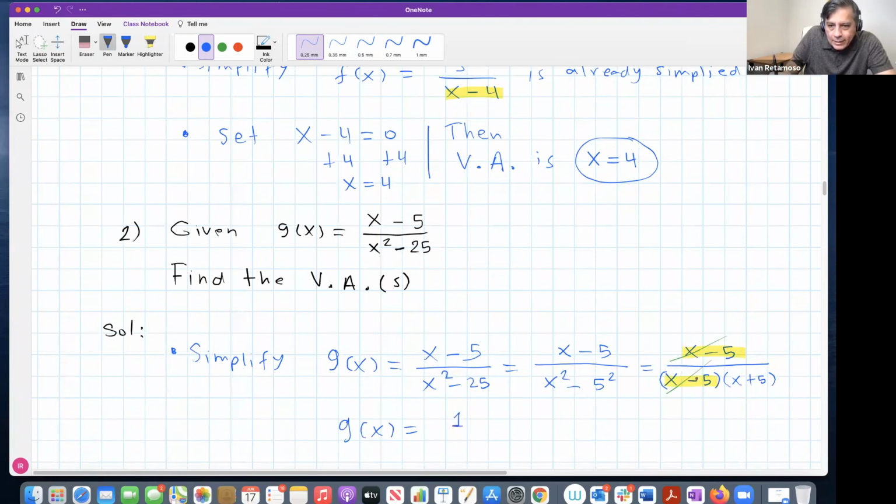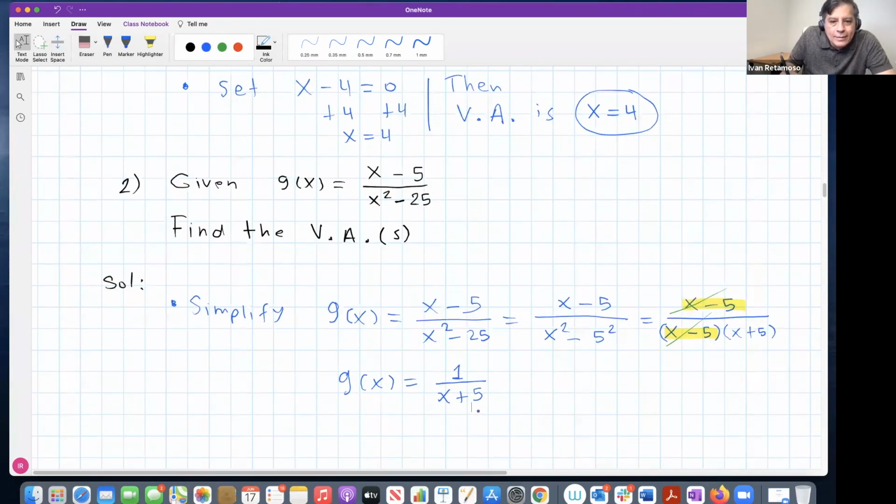Notice that when you divide this into this, that's 1. You have to put the 1 on the top, and here x plus 5. This is telling us that this function is in reality just this one, in disguise. So for step 2, I have to work with this function, not with this.